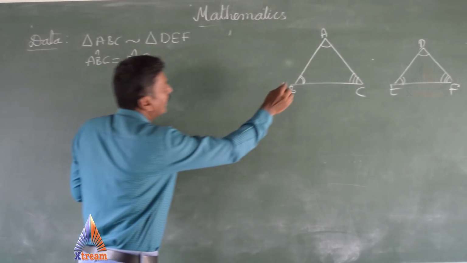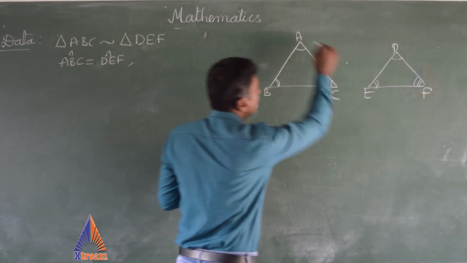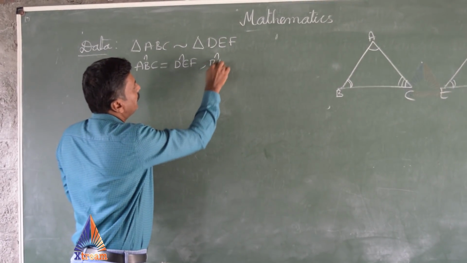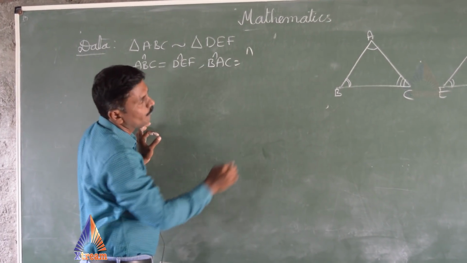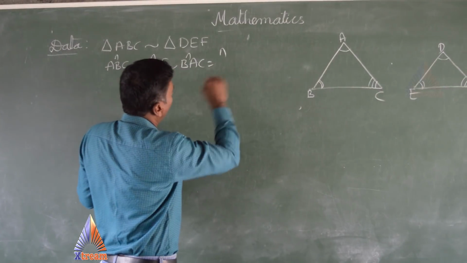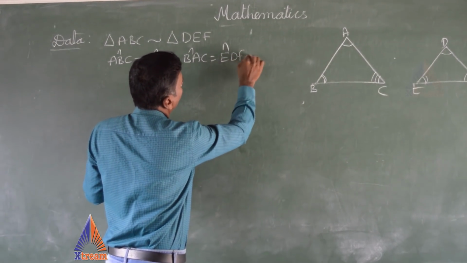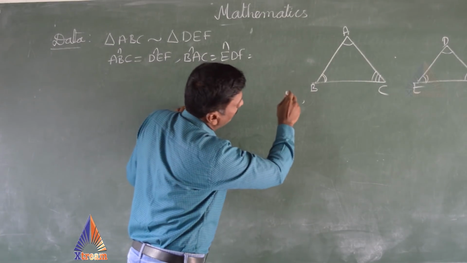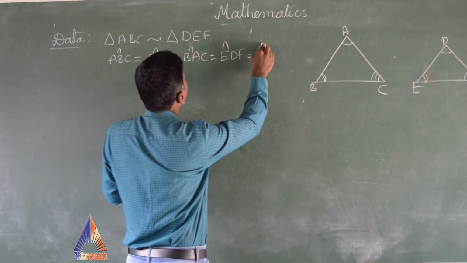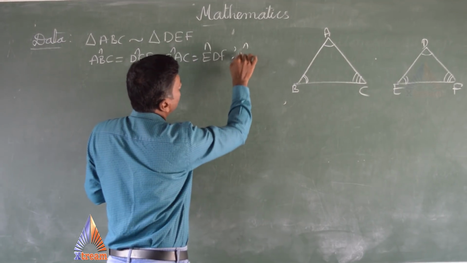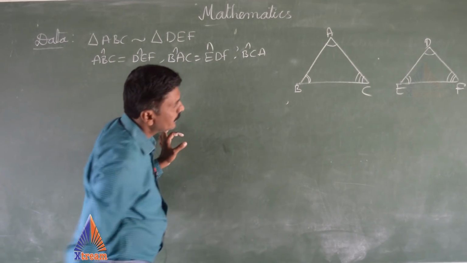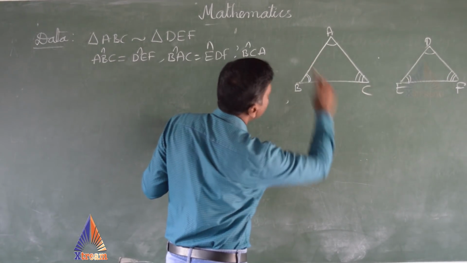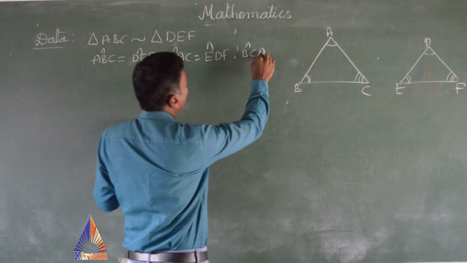Next, angle BAC is equal to angle EDF. And angle BCA is equal to angle EFD.